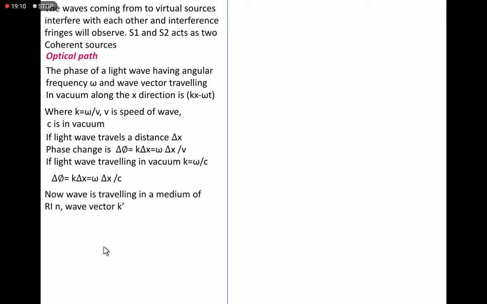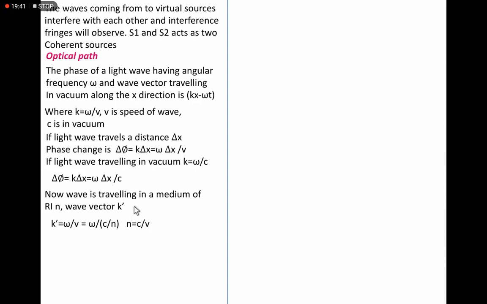Now the wave is traveling in a medium of refractive index n and the wave vector is k dash. The medium is changed, the refractive index is n and the wave vector is k dash. So we'll write k dash is equal to omega by v, but v is c by n. We know that n is equal to c by v.